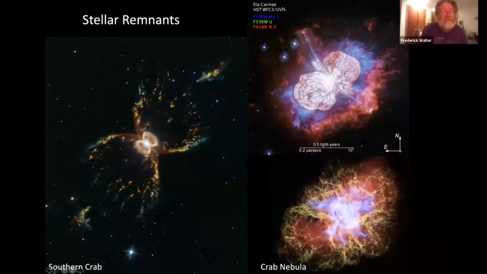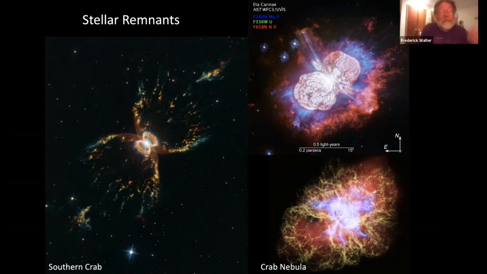On the left is another nebula. Well, this is not a supernova remnant. It's a planetary nebula. It's called the Southern Crab because it looks like a crab, at least a crab with 4 legs. And in the center is a bright star. That is an ultraviolet bright, very hot subdwarf, it's called.